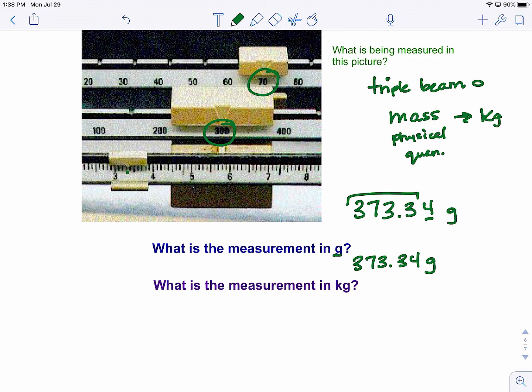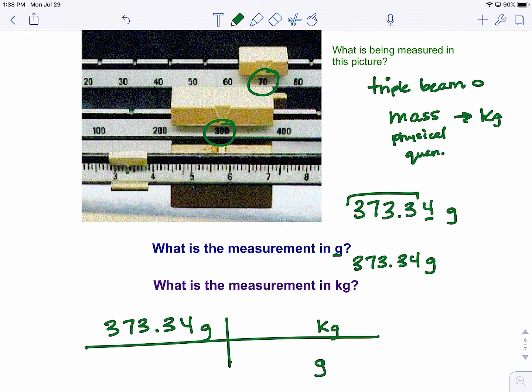And if we wanted to convert, we can just do dimensional analysis. We want to get rid of the grams, go to kilograms, and we know that there's 1,000 grams in 1 kilogram. Or you could express this also as 10 to the 3.